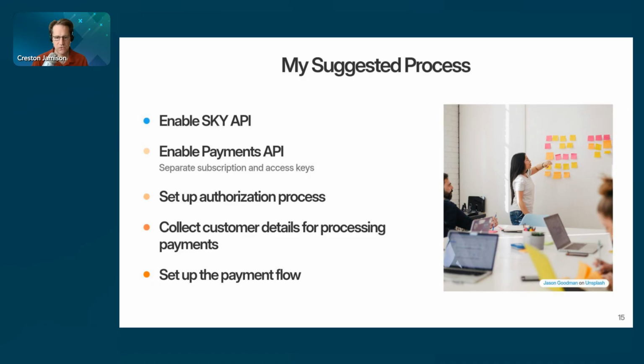Third, set up the authorization process to make sure your application can talk to Sky API. Fourth, collect the customer details for processing payments. This is basically making sure you have the unique identifier of the customer as well as the merchant account the funds need to go to. And finally, set up the payment flow, and this is where basically the coding happens in your application.